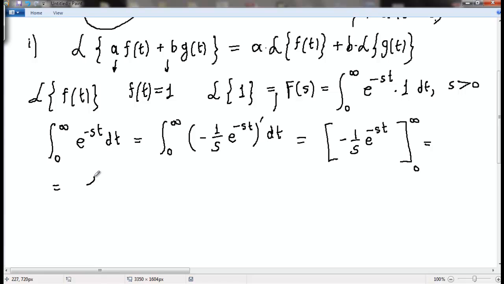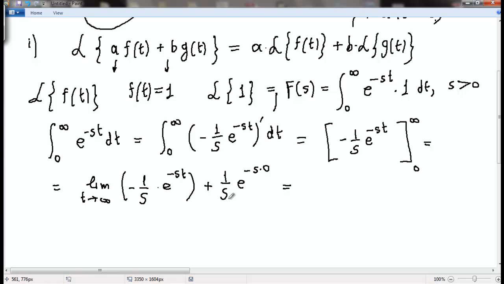So this value is the limit of minus 1 over s times e to the minus st when t tends to infinity, plus 1 over s times e to the minus s times 0.